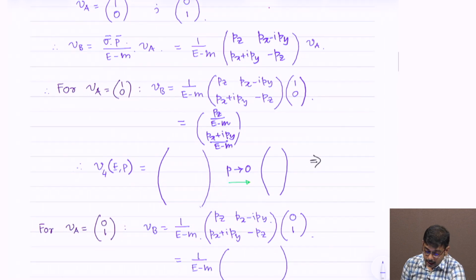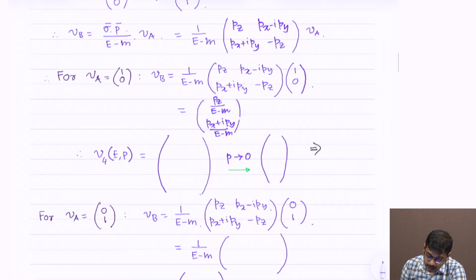Let us call this full spinor V4. There is a reason why I call it V4, that I will explain later. This will have Va above and Vb below. The choice of Va in this case was 1 0, and then Pz by E minus m, and Px plus Ipy by E minus m.